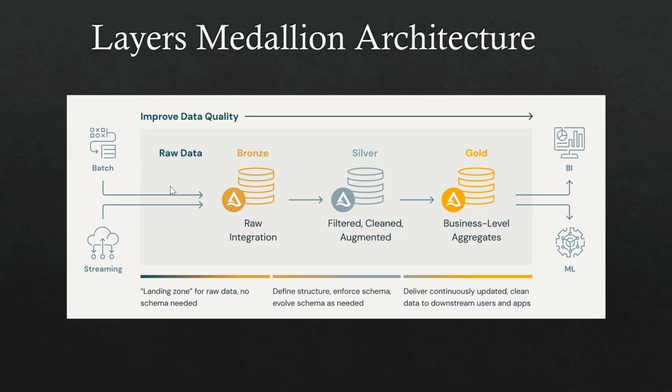Those are raw data that you are getting from different sources, and that data is saved in one layer which is called your bronze layer. So all your raw data is saved in your bronze layer. That is also called the landing zone for raw data. In that landing zone, the schema is not required, it is stored as it is coming from the source.